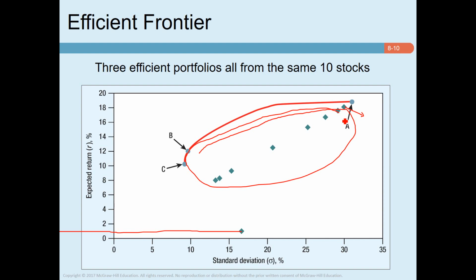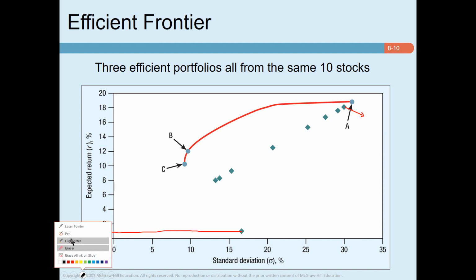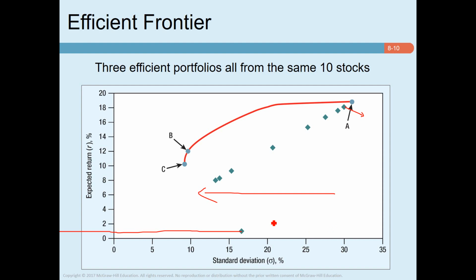Okay, now one point is pretty obvious. What is that? First of all, you want to go left, right? Why left? Because as you go left, the standard deviation is lower. That means you have less risk. And also you want to go up. Why? Because as you go up, your rate of return is higher.